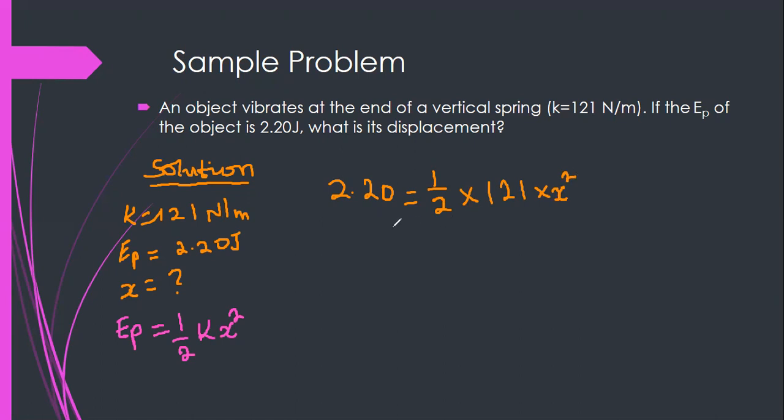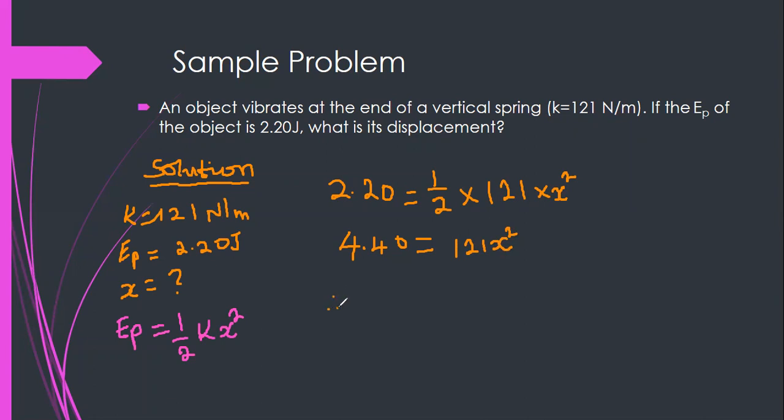Here we just cross multiply, and when you cross multiply, you are going to have 4.40 equal to 121 times x squared. So we should have 121 x squared. This is the displacement we're looking for.